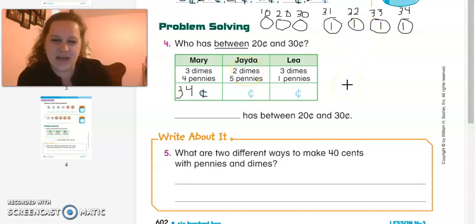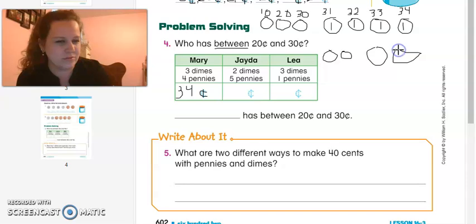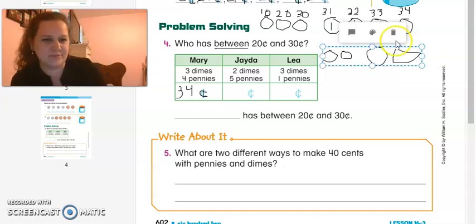All right, let's talk about Jada now. So it says Jada has 2 dimes and 5 pennies. So I'm going to draw Jada's right here. So she's got 2 dimes, they're a little bit smaller, and she's got 5 pennies. 1, 2, oops, I apologize.